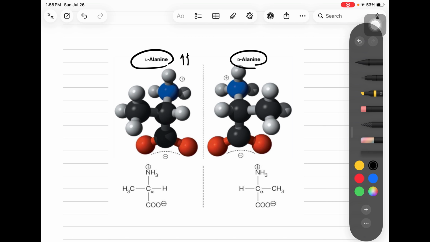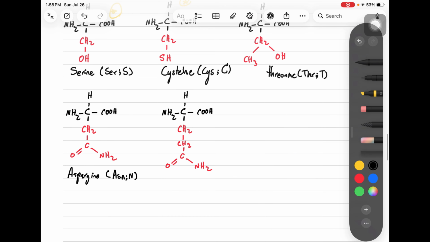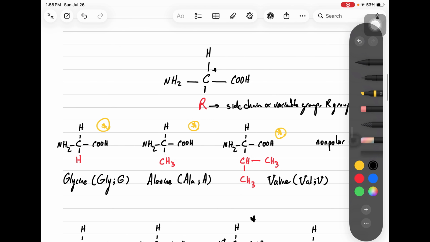One more detail worth knowing is that glycine is the single exception to all of this. Its side chain is just a hydrogen. Let me go to where the glycine was. I want to show you this. It basically means that the alpha carbon is bonded to 2 identical hydrogens and not 4 different groups. So glycine is achiral, the only one of the 20 amino acids.